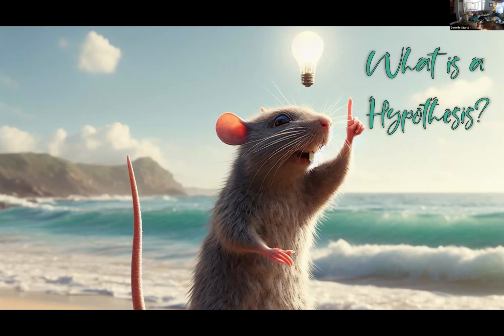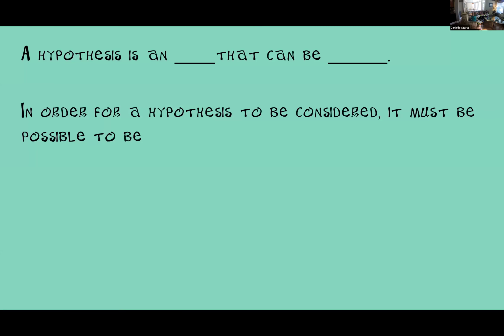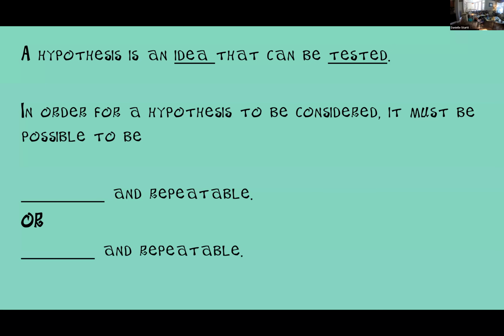So what's a hypothesis? It's an idea or theory that can be tested. An idea that can be tested is a good way to put it. There's other ways to put it, but that's a good way. In order for it to be considered, it must be possible to be what? Supported and repeatable, or rejected.